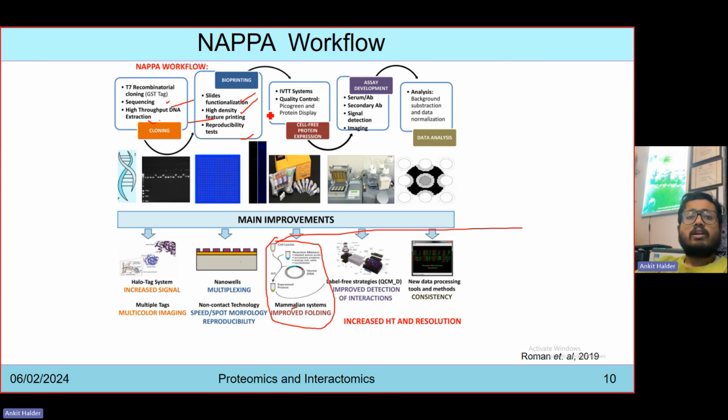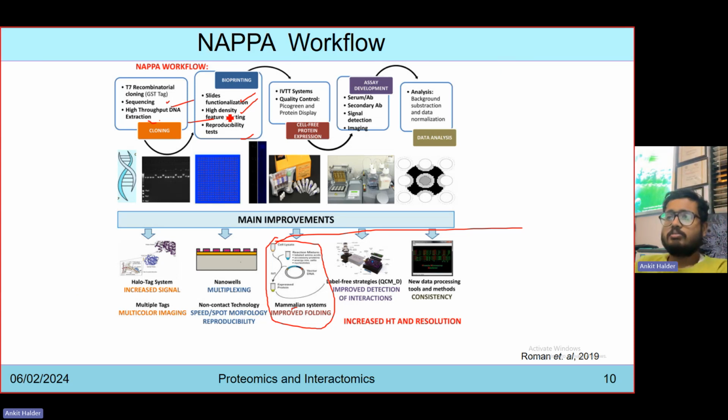These are all very important and responsible for having very good high density arrays, which will give us great functionality and help us get good quality data across the sample cohort. Then there is the quality control system.